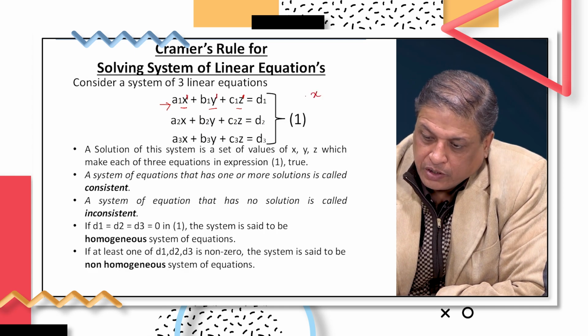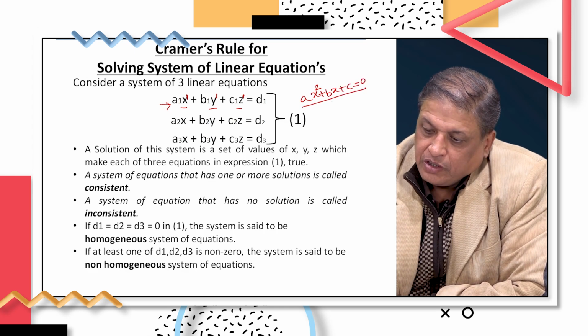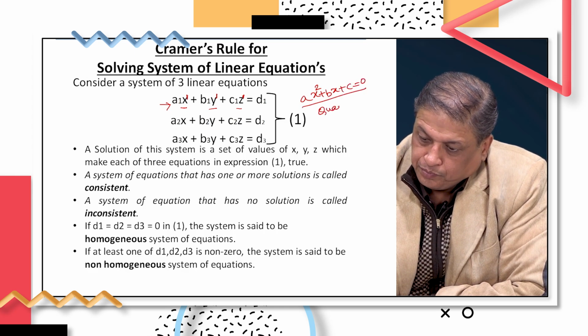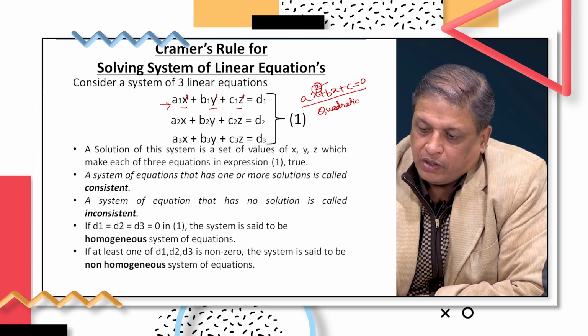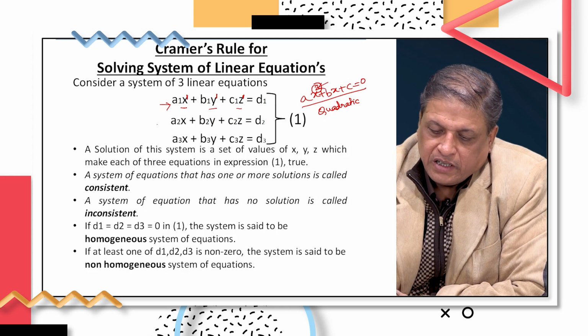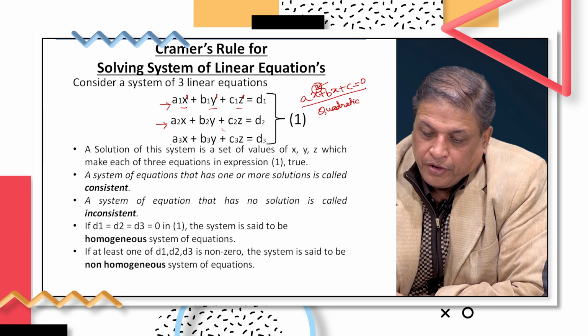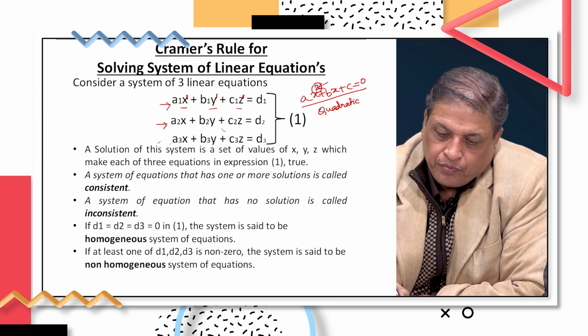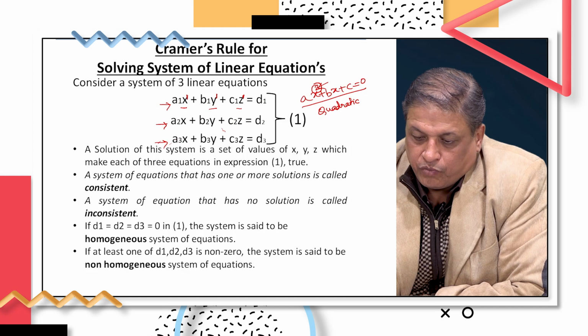If it is ax squared plus bx plus c equal to 0, then this is a quadratic equation because the highest power is 2. Similarly, the next linear equation is a2x plus b2y plus c2z equal to d2, and the third linear equation is a3x plus b3y plus c3z equal to d3.